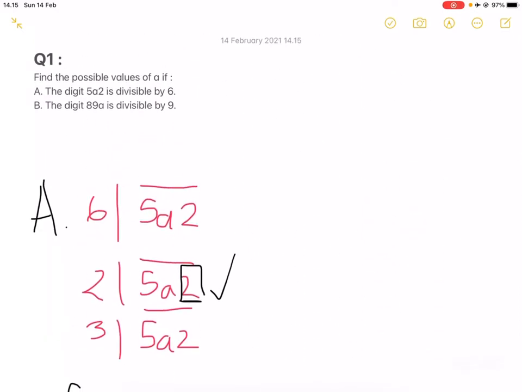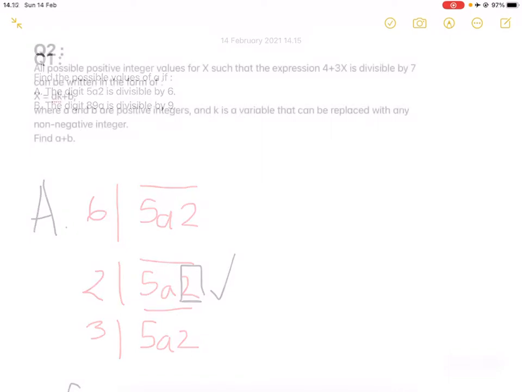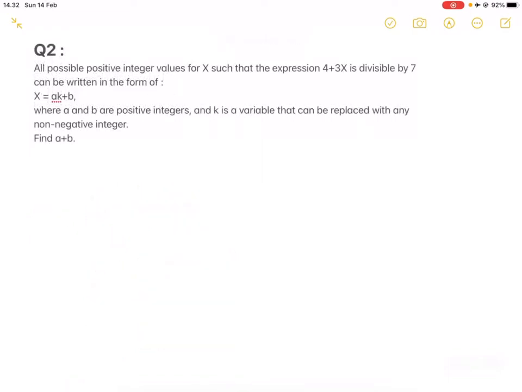Let's get into the second, and probably a bit more interesting, question. It says that all possible positive integer values for x such that the expression 4 plus 3x is divisible by 7 can be written in the form x equals ak plus b, where a and b are positive integers, and k is a variable that can be replaced with any non-negative integer.